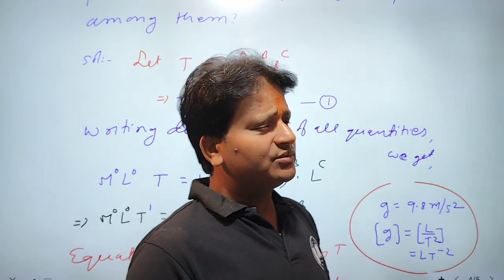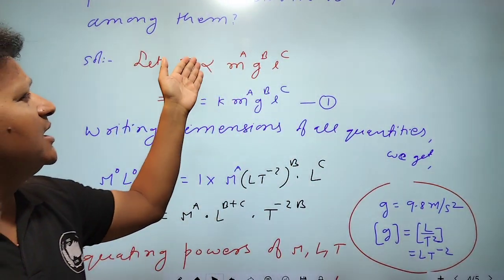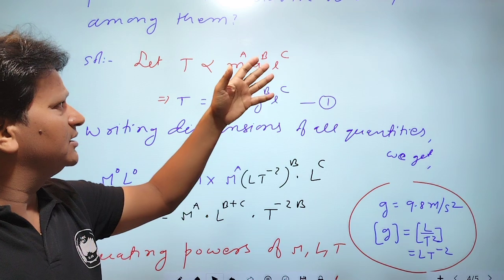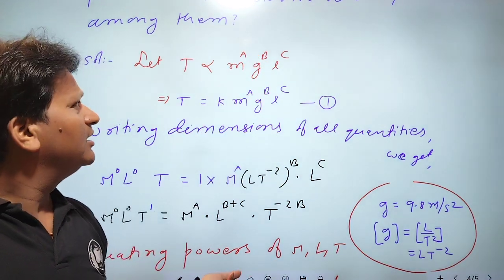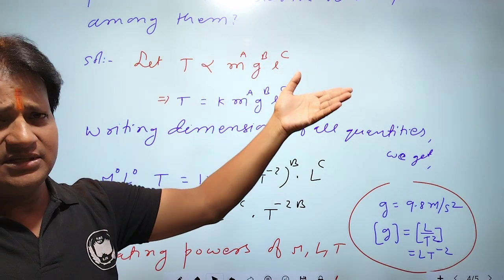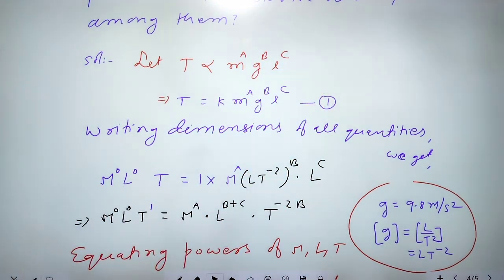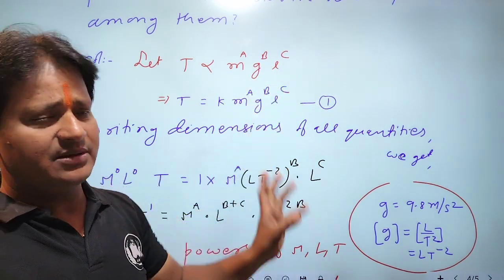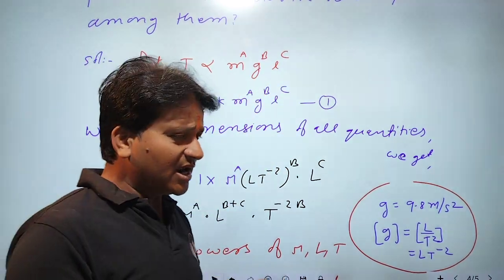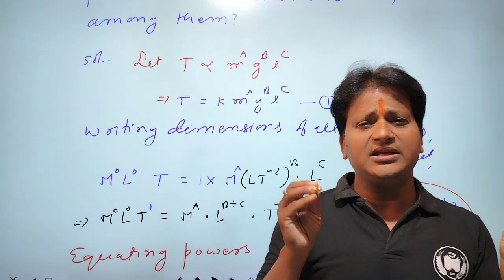You can assume any letters: A, B, C, alpha, beta, gamma, small a, b, c, etc. These are variables. A, B, C are variables. Here there are 3 variables.